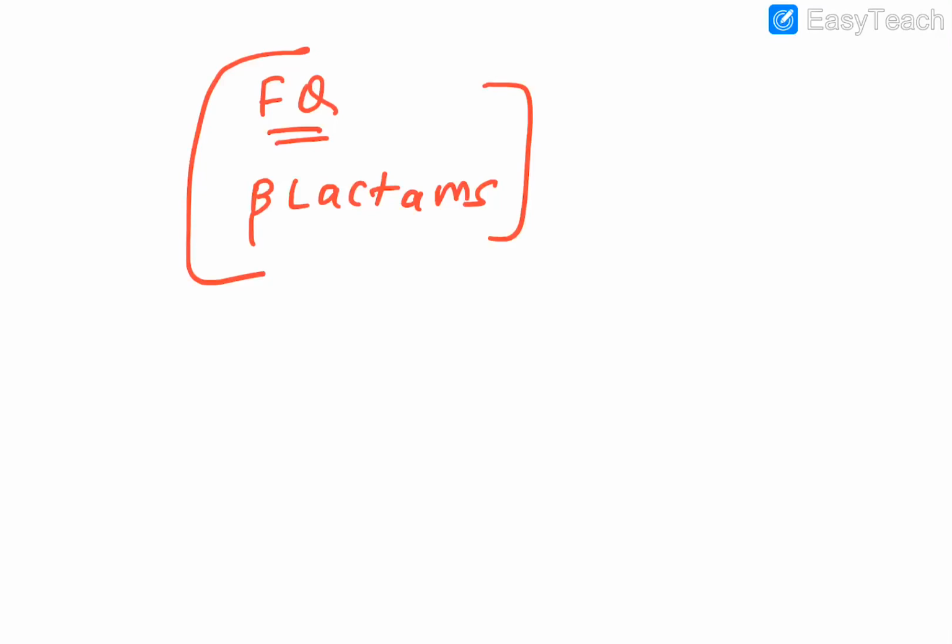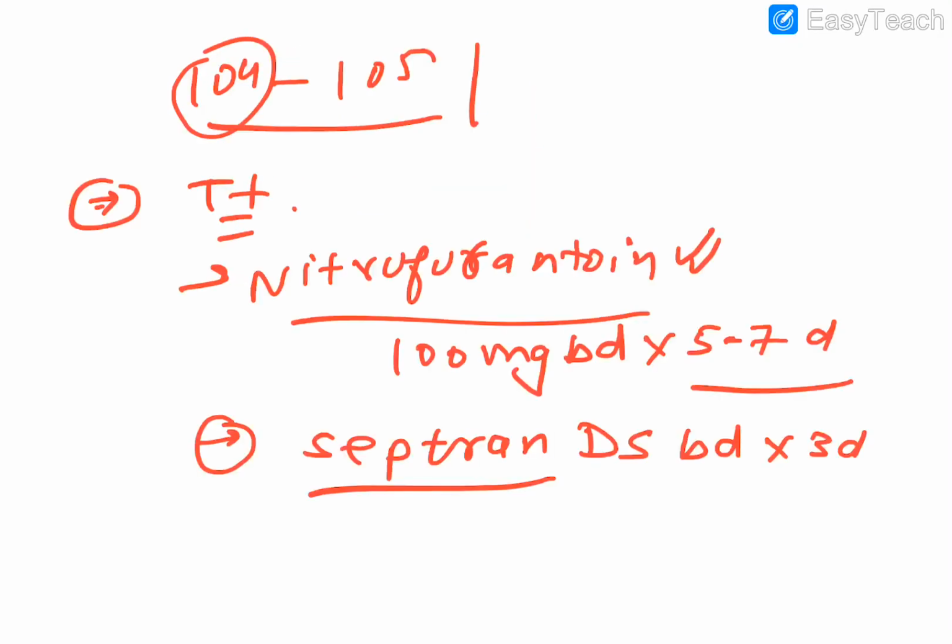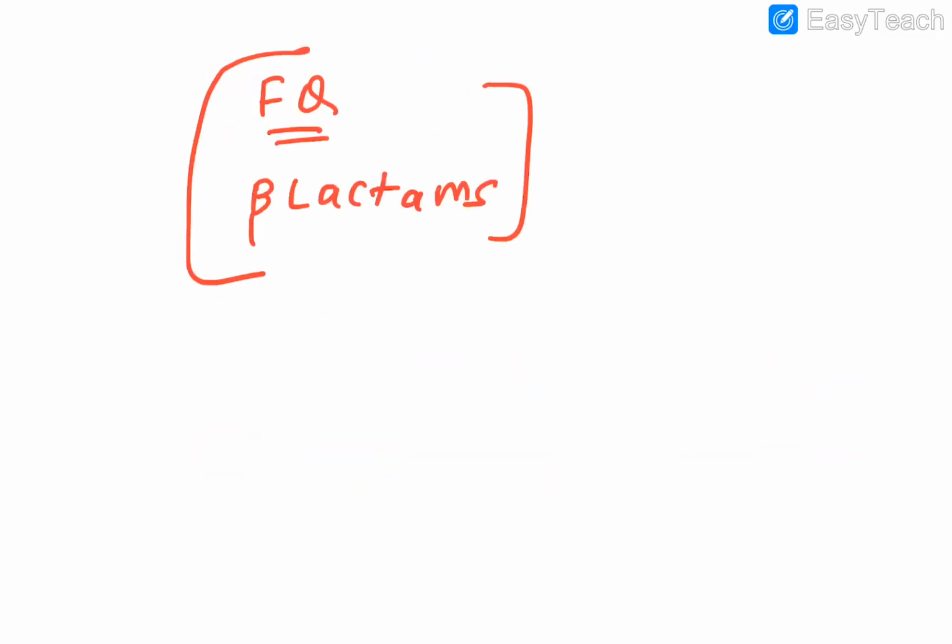So one of them is nitrofurantoin. Then you have another one that is termed as Septran, that is the cotrimoxazole, double strength. And then you have these fluoroquinolones and beta-lactams, which have a significant role in controlling the UTI. Okay. So these all things you need to remember regarding UTI.